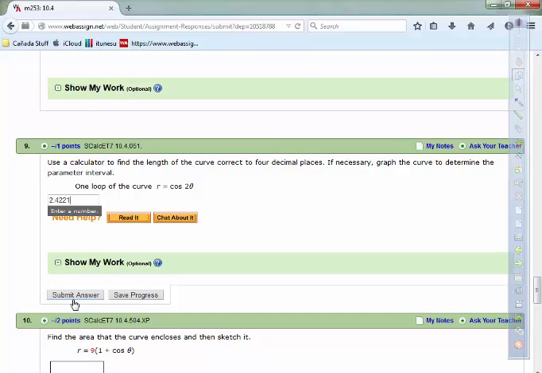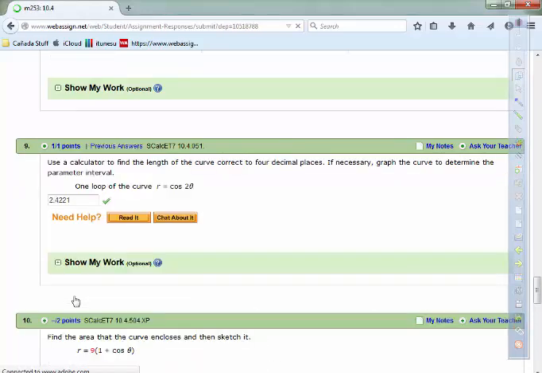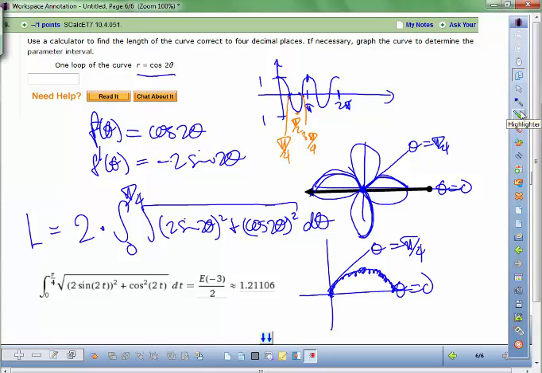All right, let's see. All right, good. So that works out. Let's just remember to remind ourselves to double this, and to double this.